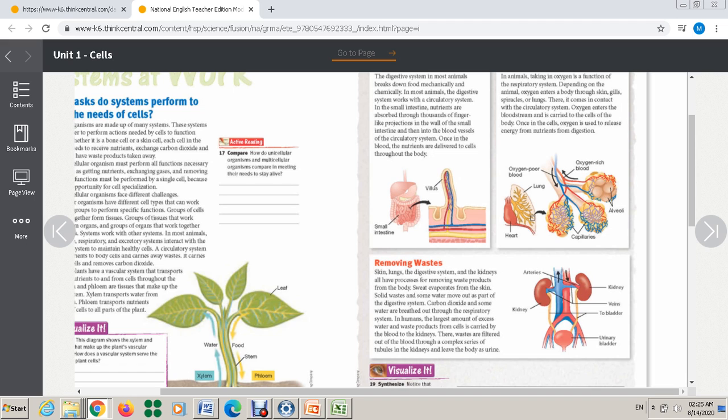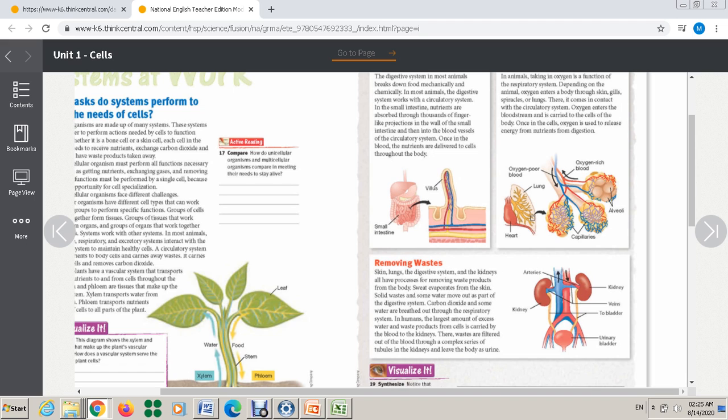Also, we have mentioned the structure of the alveoli: there are millions of alveoli to increase the surface area. They also have a very thin wall and are surrounded by blood vessels, capillaries, to exchange carbon dioxide and oxygen.